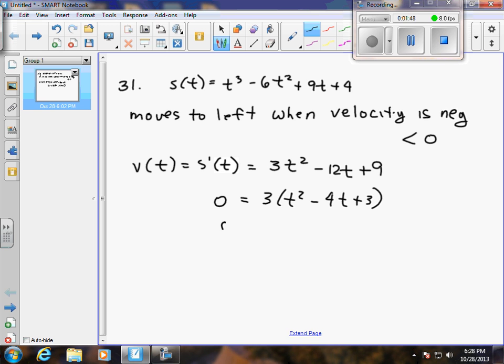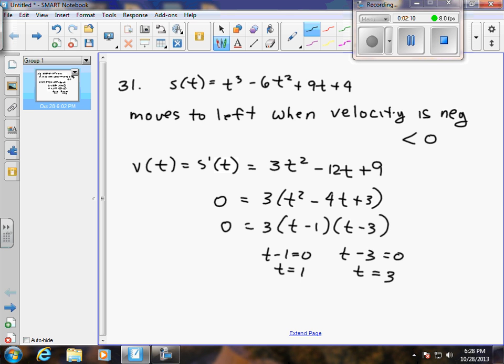So then we can break that down into t minus 1 and t minus 3. So the velocity is 0 when t minus 1 is 0, or at t equals 1, and when t minus 3 is 0, or at t equals 3.